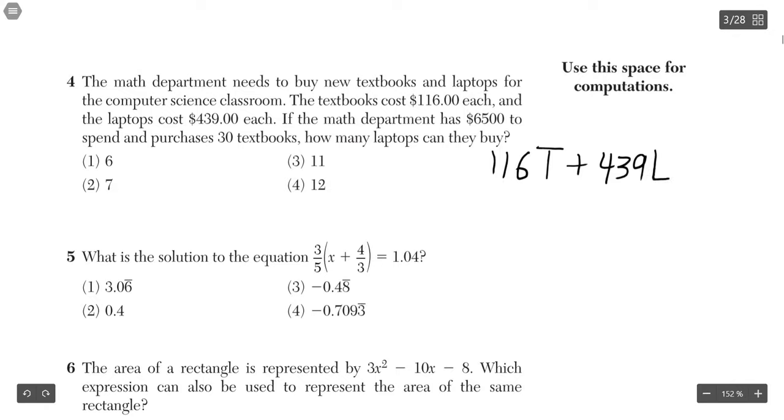And they have only 6,500, so this total amount that they're going to spend has to be less than 6,500. Now, they told us that they purchased 30 textbooks, so that means we know T, the number of textbooks, is 30. So it's 116 times 30 plus 439L.